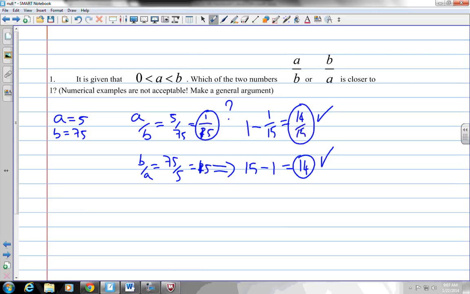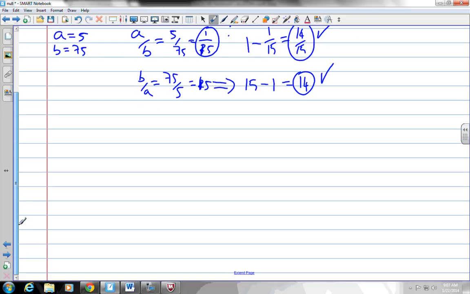14/50, right? So we can do kind of the same thing. In a general argument, how close is A over B to 1? The answer is 1 minus A over B. This is how close A over B is to 1, right?